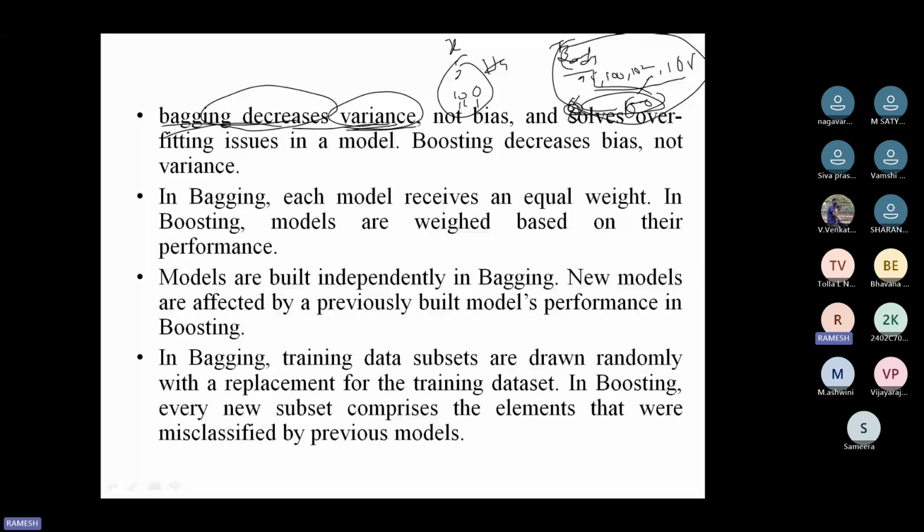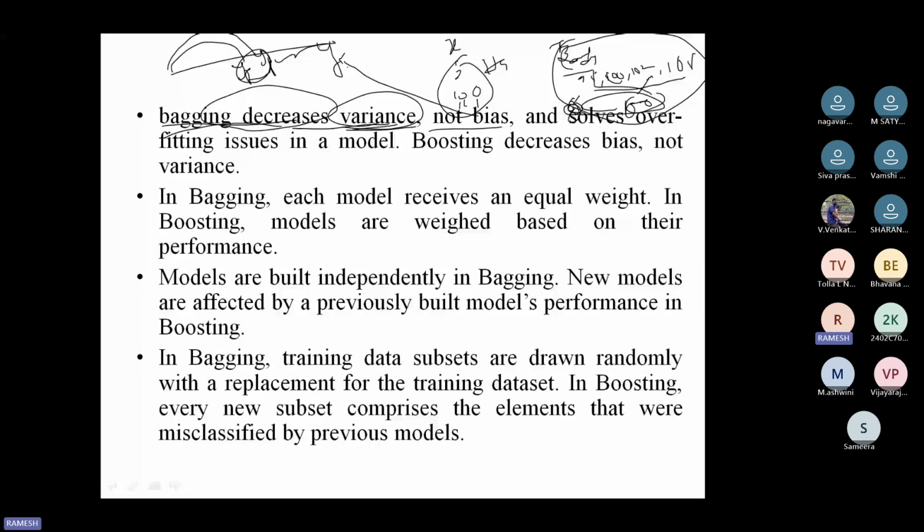And not bias. Bias is the difference between the target variable y and the average of the predicted y values. So variance belongs to the data set, and bias belongs to the model.